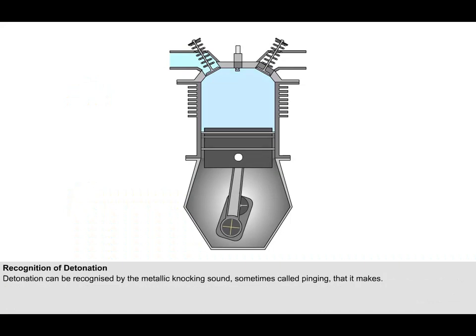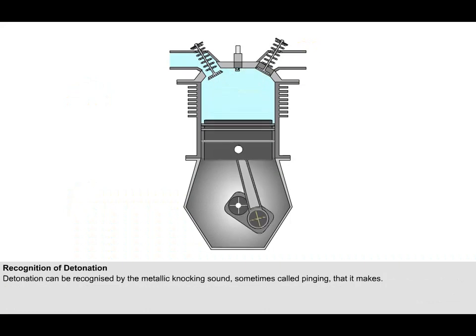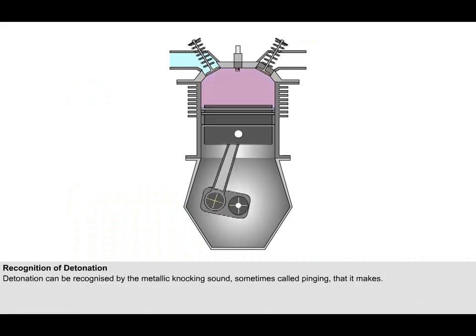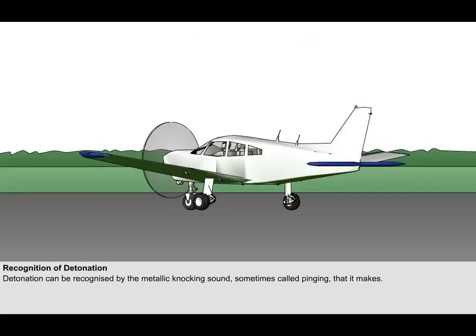The fact that detonation is occurring can be recognized by a metallic knocking sound, sometimes called pinging, which is caused by the violent vibrating pressure waves striking the walls of the combustion chamber. A great deal of damage may be done under high power conditions, particularly in an aircraft where, because of the noise created by the propeller, the detonation may go unnoticed until it is too late.